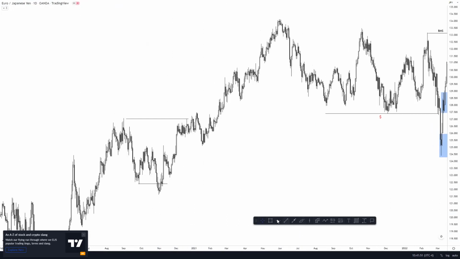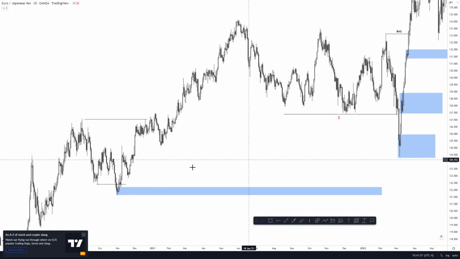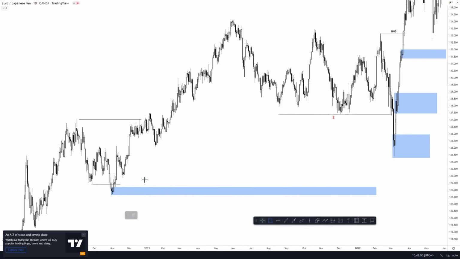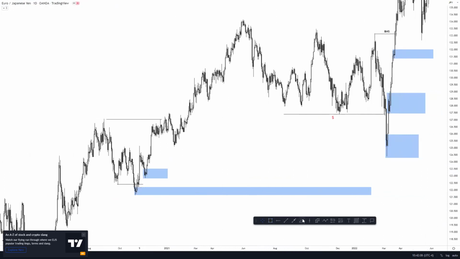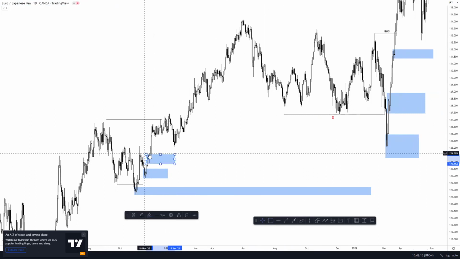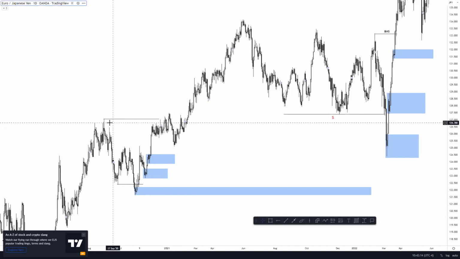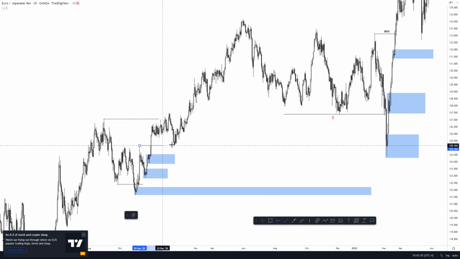So I will choose this candle as a point of interest, and this will also be my point of interest because this is not mitigated, and there will be another one. This is the recent point of interest which is responsible for this breaking market structure and this breaking market structure as well. So that's how I will be choosing my point of interest.